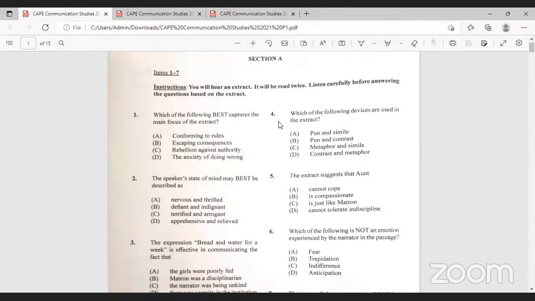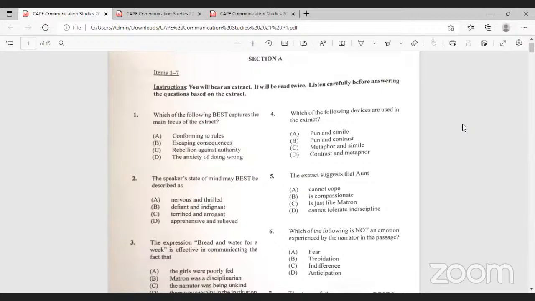Answers, guys? B. Most persons are saying B. Yes, I agree with that. It's B. Remember, we don't have the answers for this one, so I'm going through it at the same time, but it's clear. So B as in boy or?